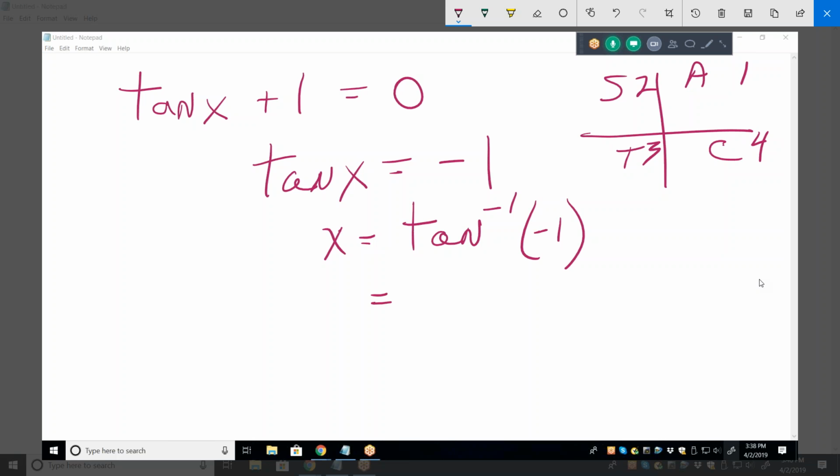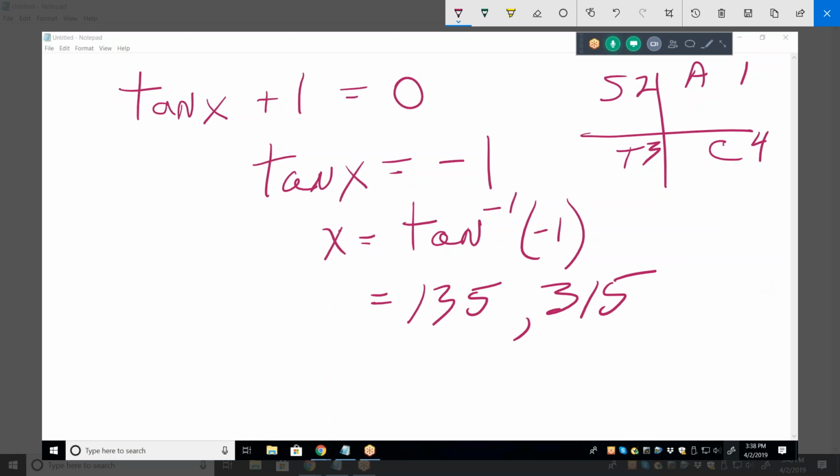And what's the first quadrant angle where tangent is equal to 1? 45. So 45. What is the second quadrant angle? 135. And the fourth quadrant? That is 315.